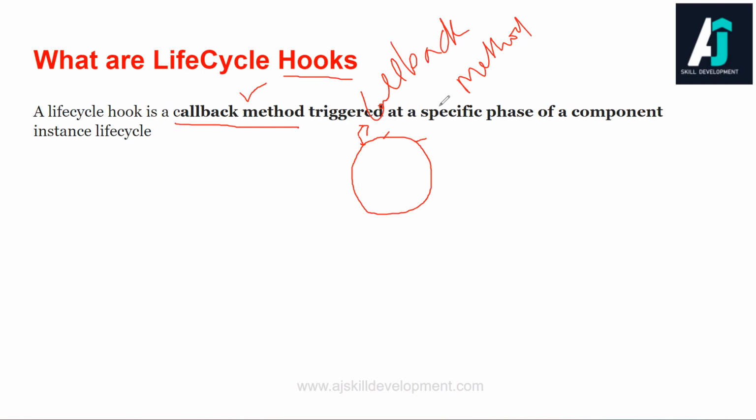If it is in the initialization stage, the particular callback method will get executed automatically. If it is in the dismounting stage, that is, if it is being removed from the particular environment, that particular callback method will get invoked automatically. So the takeaway point is lifecycle hooks are nothing but callback methods.